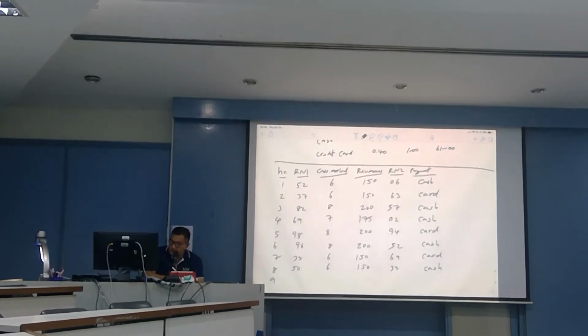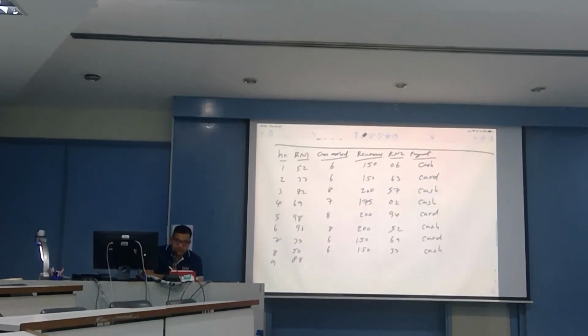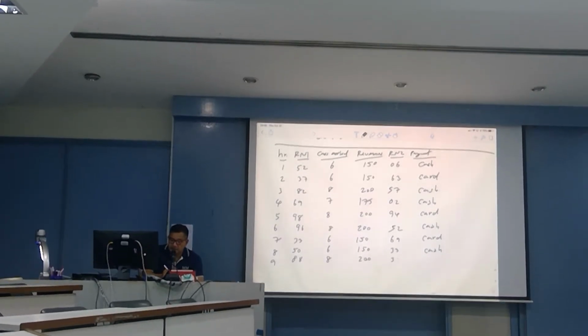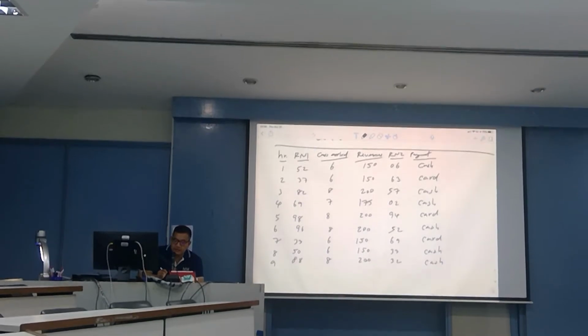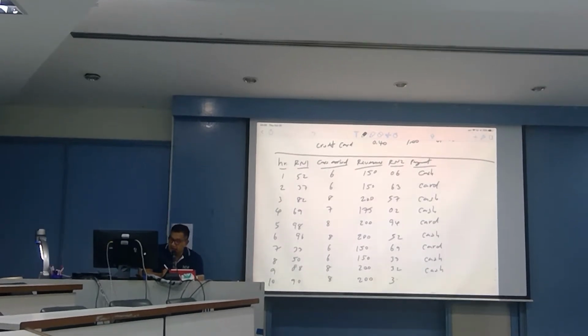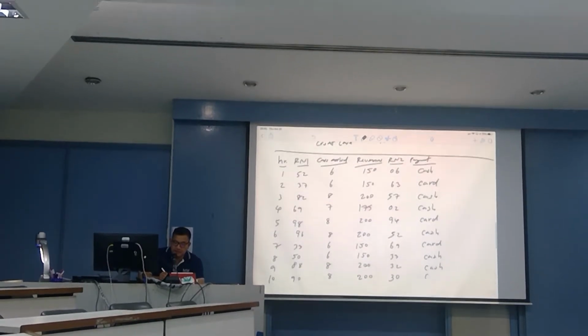Number 9, 88, 8, 200, 32 paid by cash. And the last one, 90, 38, and 80, 30, so it's paid by cash.